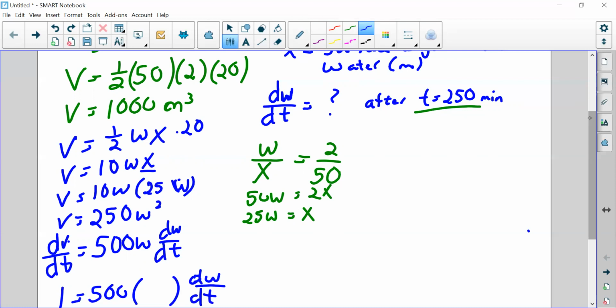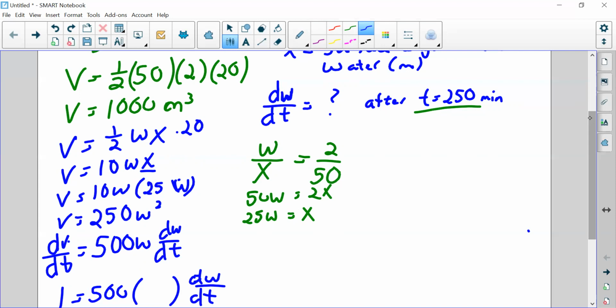We don't know X, but do I have enough data that I can figure out X?